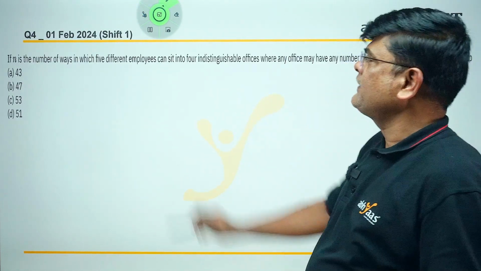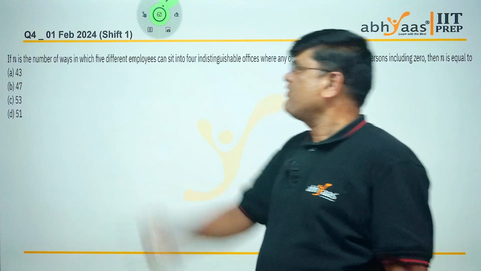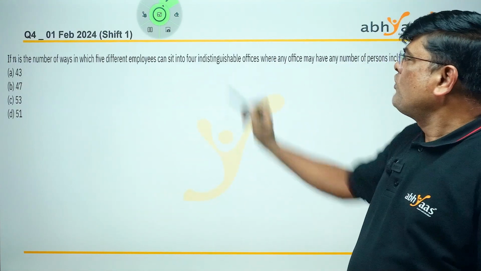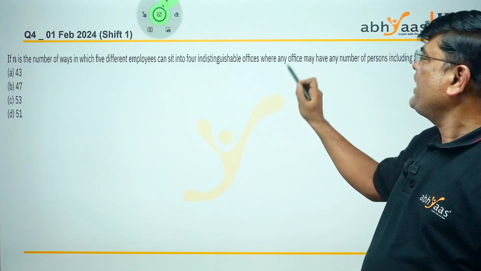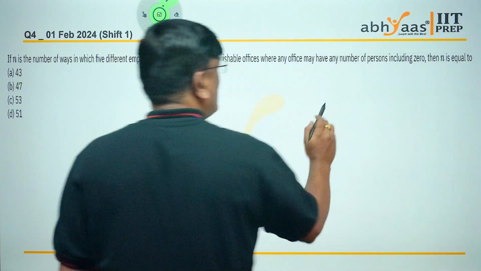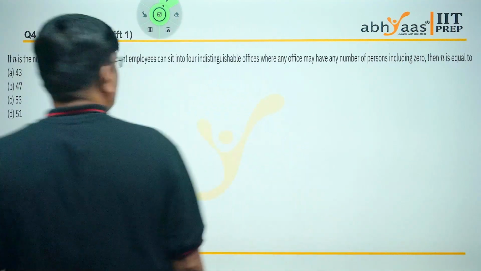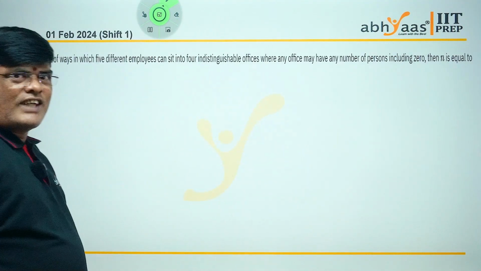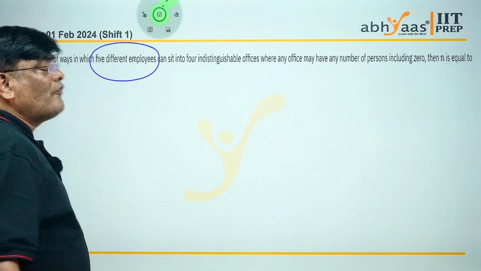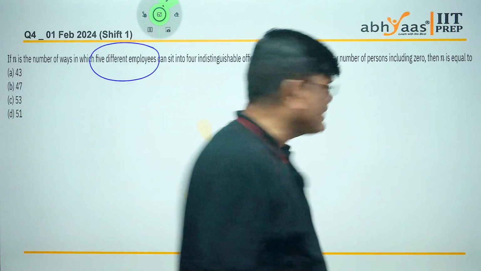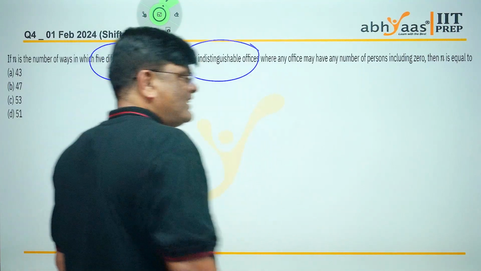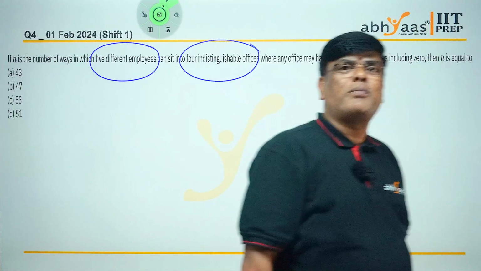The next question is, if n is the number of ways in which 5 different employees can sit into 4 indistinguishable offices, where any office may have any number of persons including 0, then n is equal to. So the question is, there are 5 different employees, and we have to arrange them in 4 offices such that an office may have 0 persons also.